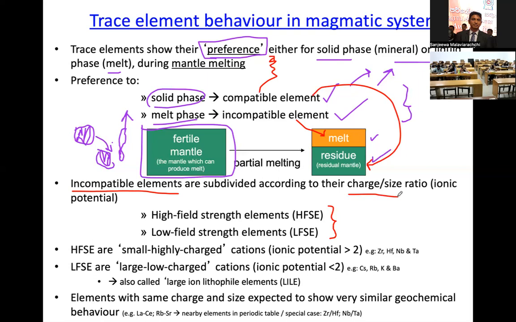This is collectively termed as ionic potential also. Based on this ionic potential, we divide them into two groups. These are very preliminary types of classification, but you need to know these things. Otherwise, when we directly use them, you might get confused. So just keep these things in mind.